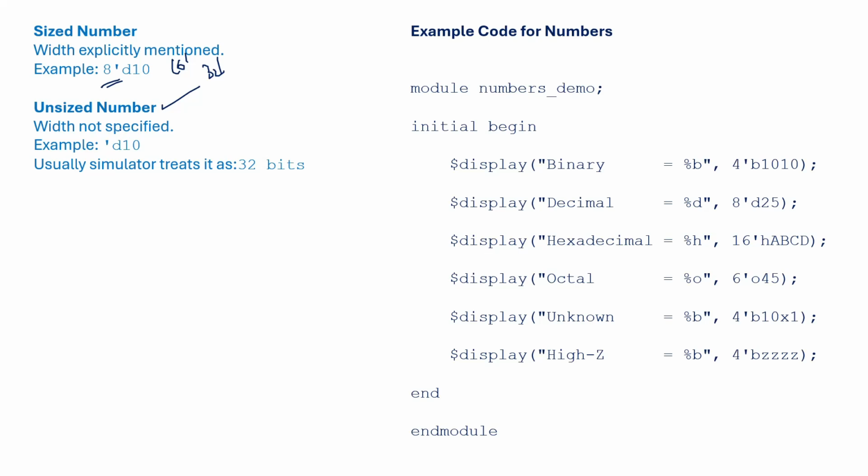Okay, so unsized, suppose I want to go for an infinite number, then I want to write the infinite number like this. I don't want to mention the size, so go for the unsized number. That means your width is not specified. Whatever width you are taking, you don't specify it.